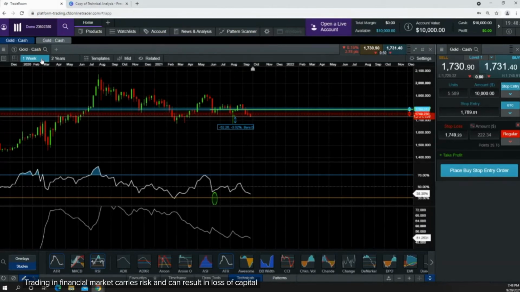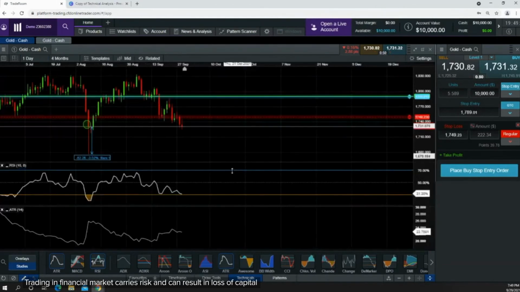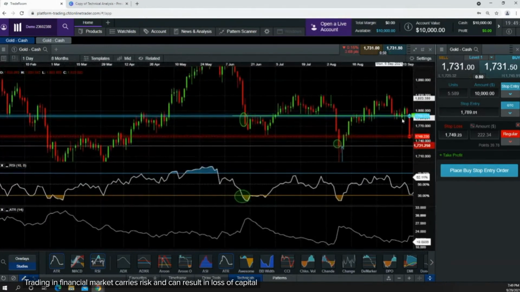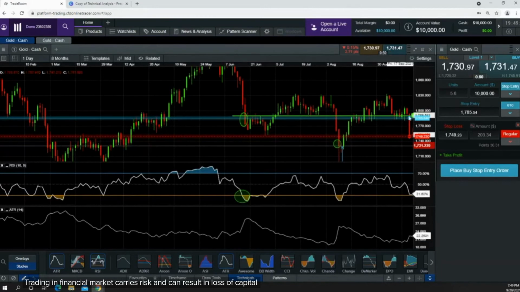Now what happens is, when I'm going to be taking a trade, or when I get a signal, in this case I got a signal to buy. Let's say the buy price was somewhere here. The blue line is the buy.